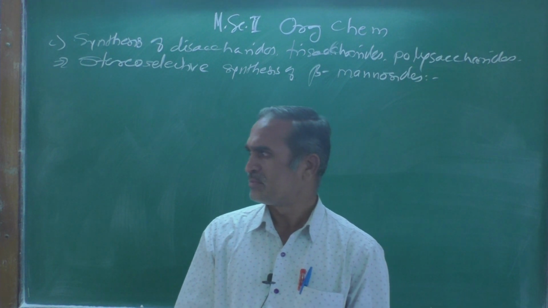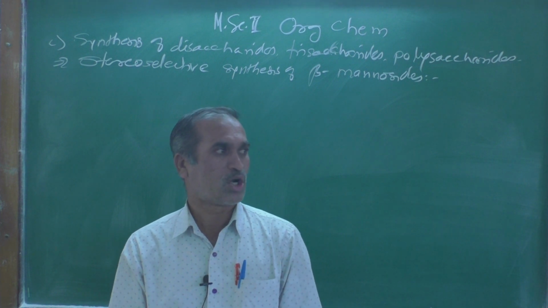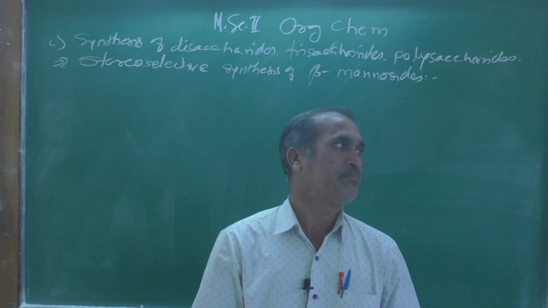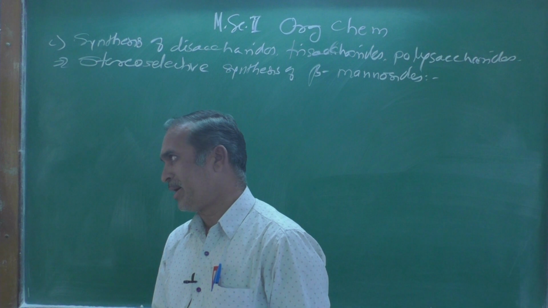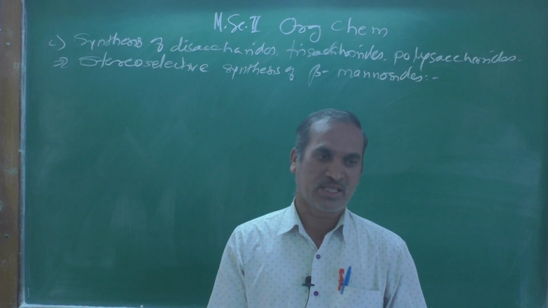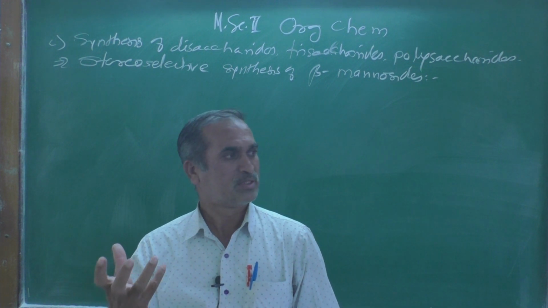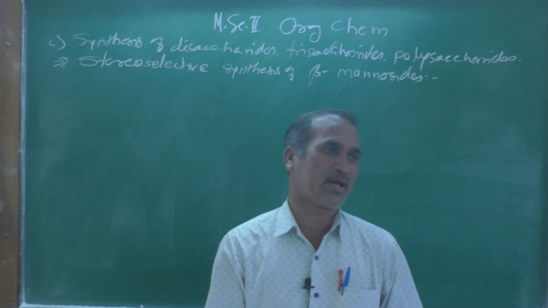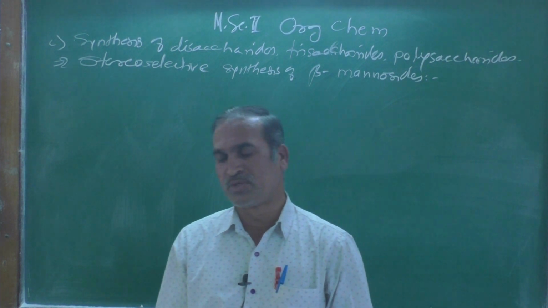And if you see polysaccharides, poly means many sugar units combined together via glycosidic linkage. There are three commonly observed polysaccharides.